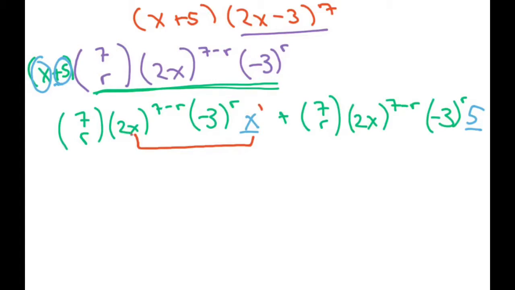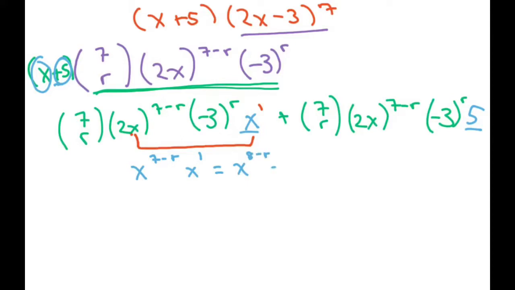Just my x's here. So if you look at this, this is x to the first power. And if I just look at my x's, that's going to be x to the 7 minus r. And I'm going to multiply that by x to the first power. That gives you x to the 8 minus r.